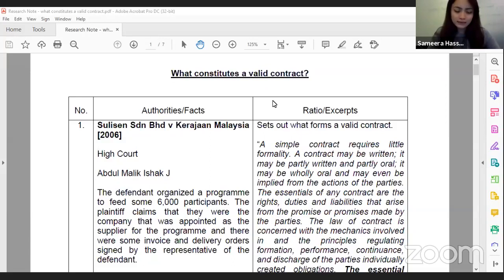Why I'm saying there's silence is because whenever any term of a contract is not observed by either party, the party trying to assert that right has to immediately point out, look, you're breaching this, you're not doing this, so I have the right to terminate this contract and so on and so forth. So in real life, this is an example of silence.